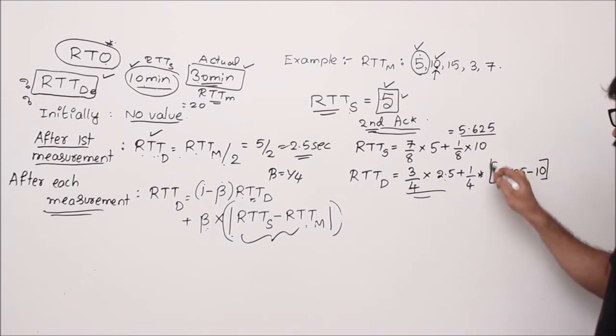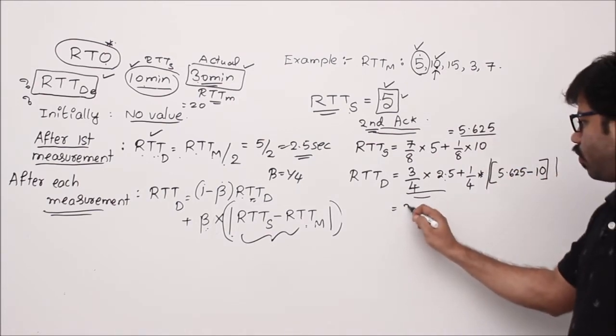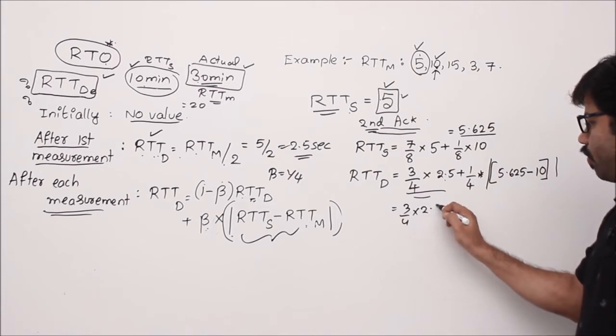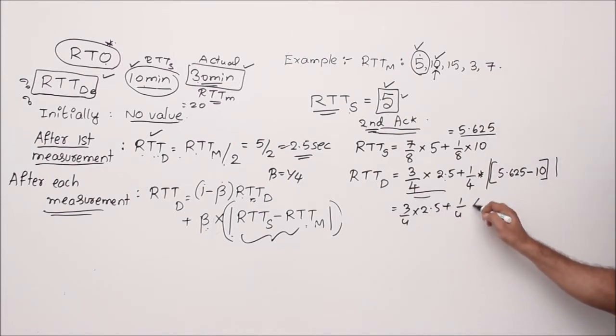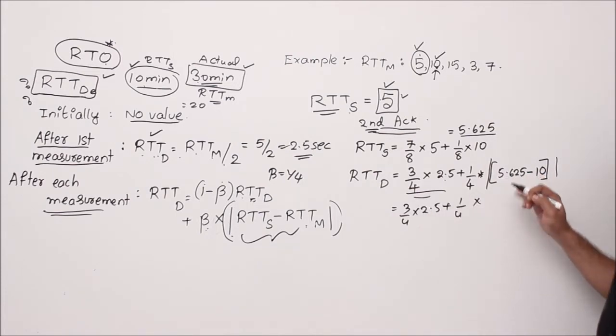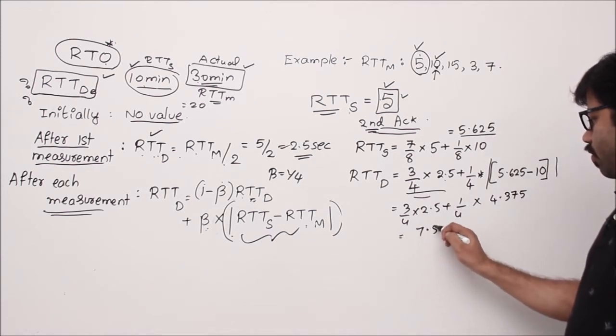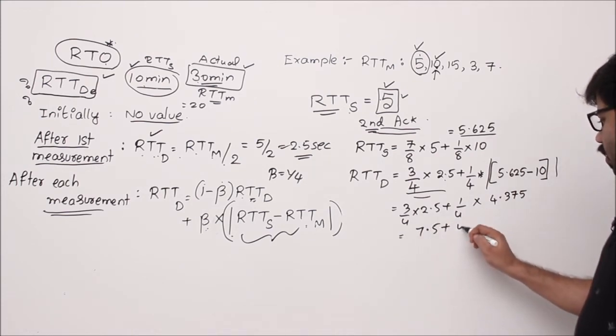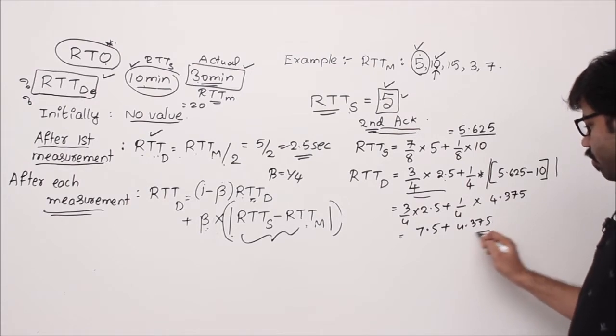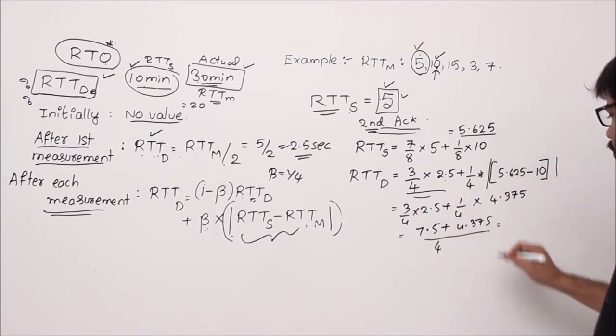So if you simplify it, you get 3 by 4 into 2.5 plus 1 by 4 into 10 minus 5.625. If you do that, you get 4.375. So if I simplify it, it would become 7.5 plus 4.375 by 4.